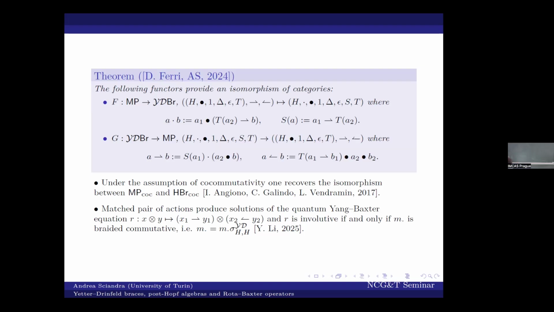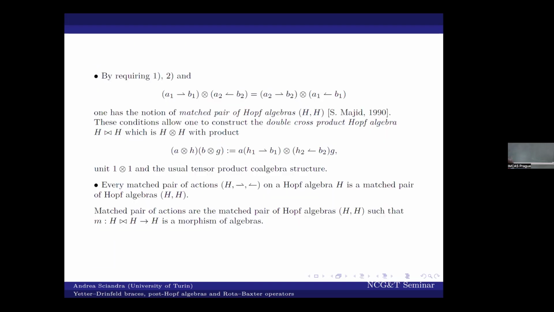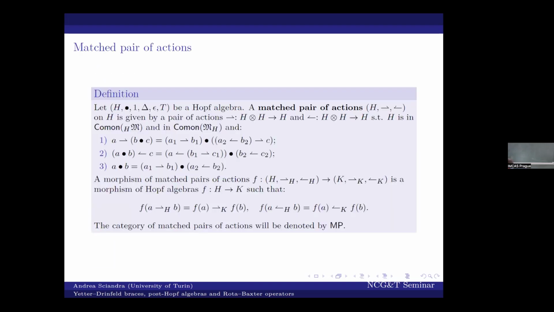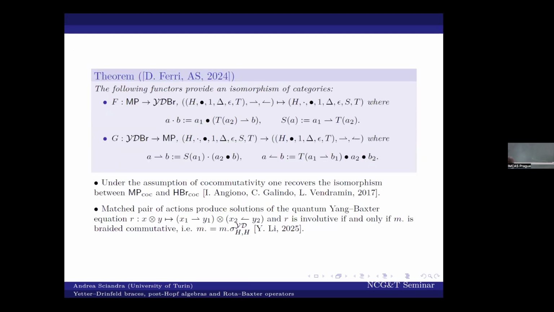Moreover, matched pairs of actions produce solutions of the quantum Yang-Baxter equation given by this, using the left action and the right action. And you can see that defining this as a braiding, this is exactly the braided commutativity with respect to this braiding here. And this braiding is involutive if and only if your multiplication is braided commutative.